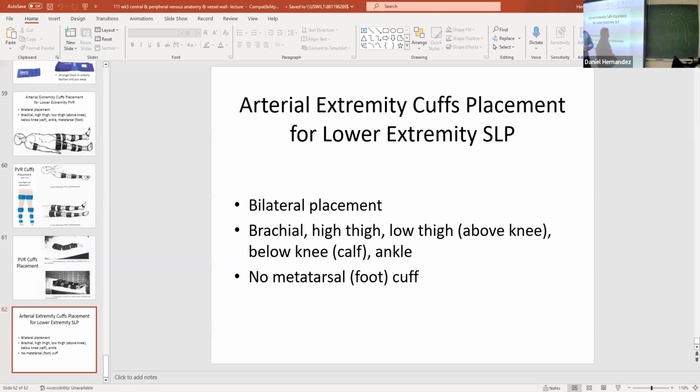So that first branch off your aortic arch is the brachiocephalic, or innominate. Those are the two terms. So brachiocephalic artery or innominate artery. That's that first one.